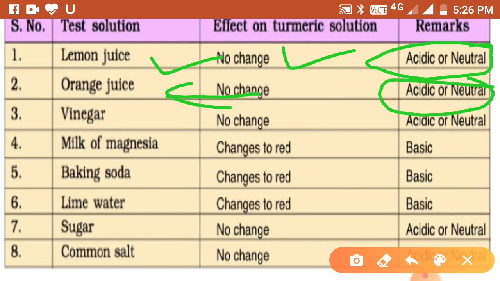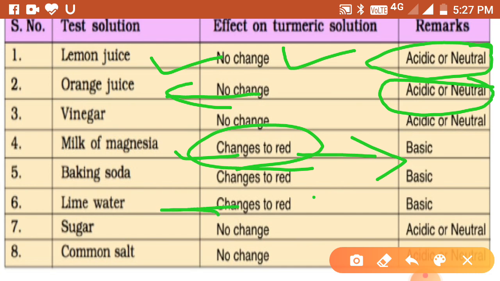Now we take the milk of magnesia. When we use turmeric solution on the milk of magnesia, its color will change into red. That shows these substances are basic. Now lime water: if we use turmeric solution in lime water, its color will change into red.